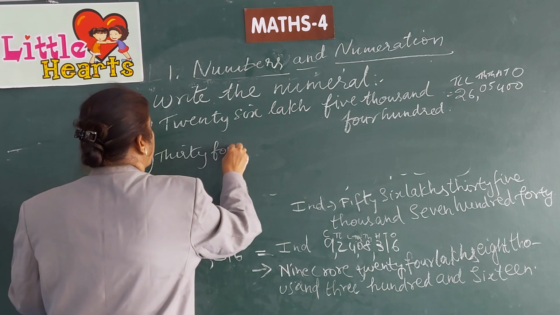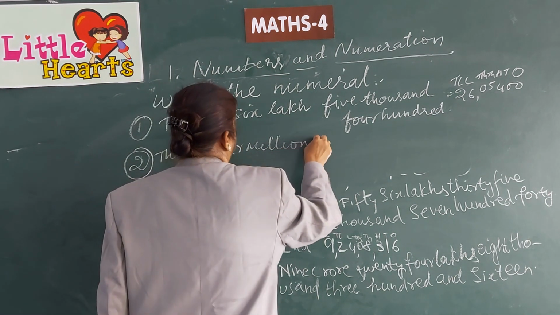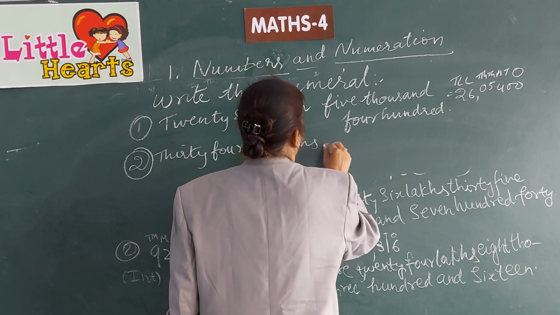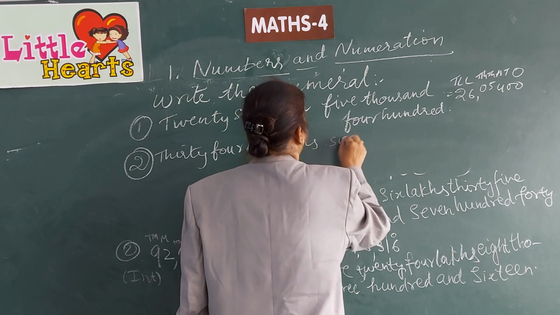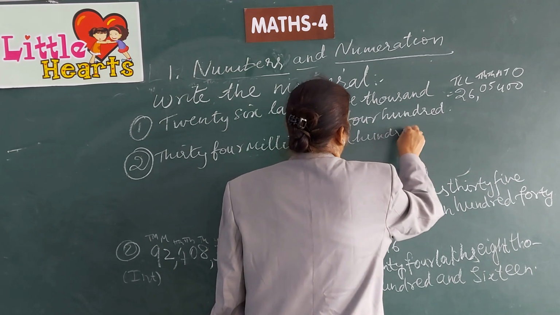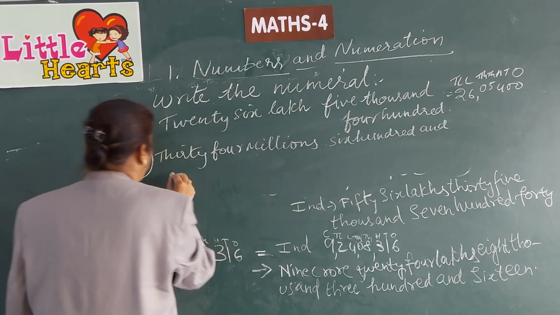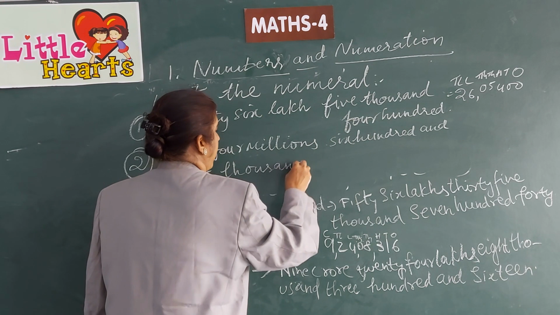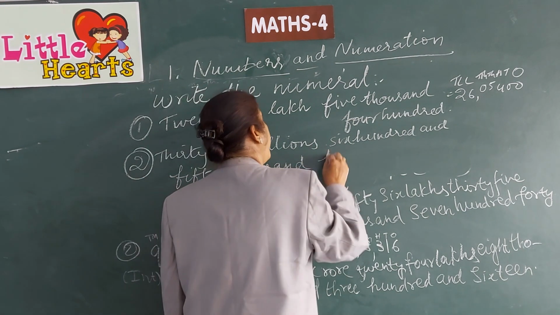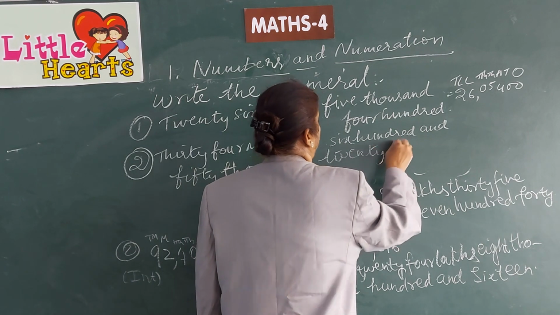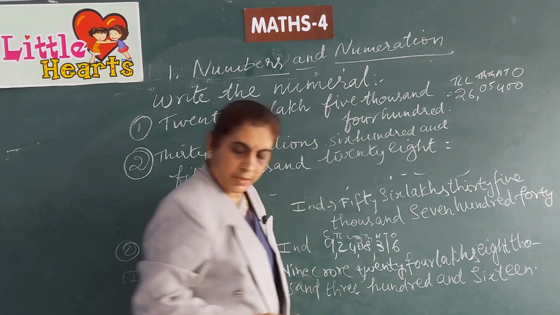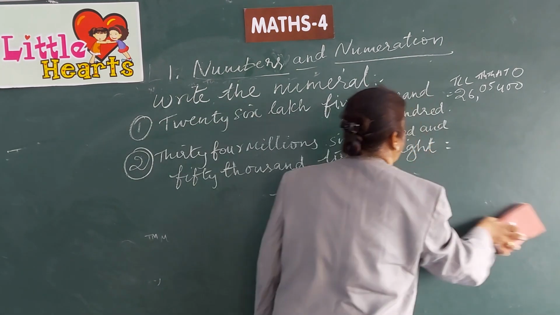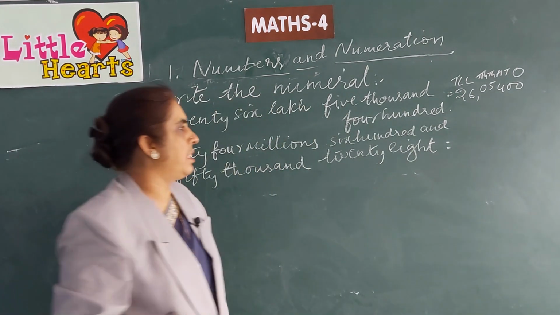34 millions, 650,000, 28. As there are millions in this, we can say that it is the international system.